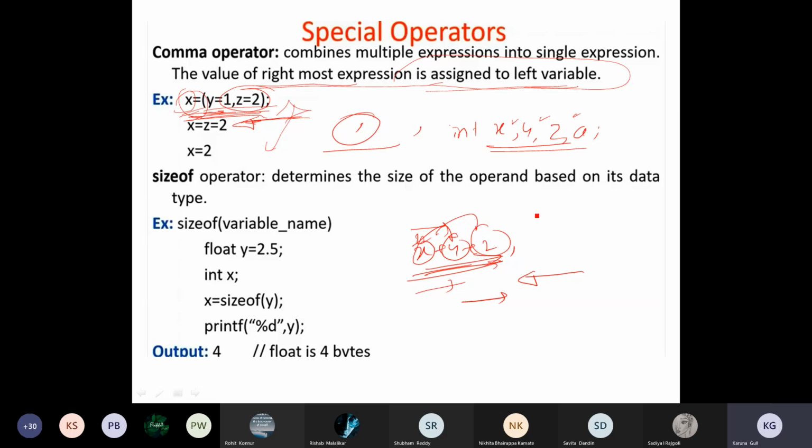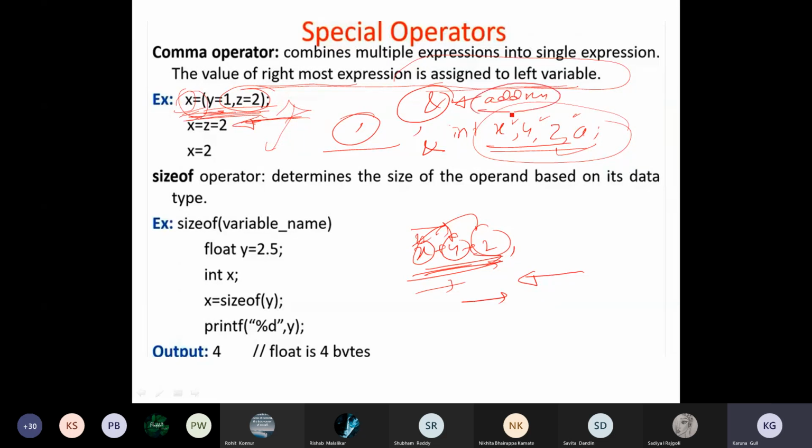But some operators are always treated from right to left rather than left to right. One of them is the comma operator. And not only this, we have one more operator that I think I have not mentioned, the and operator. This is separate from the bitwise and that you people have studied. This and is called the address operator.